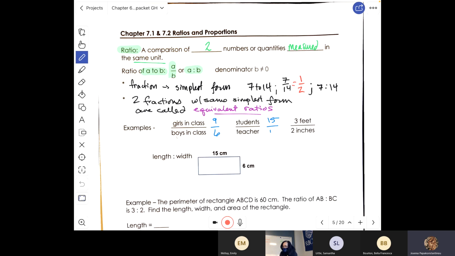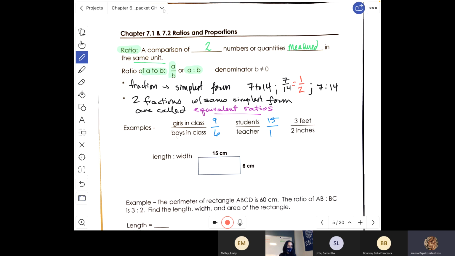So we can see how our units are people in the first one, and same with the second one. So that's the same units, it's people. And if I look at the third ratio, I see a ratio of feet to inches. Now remember, we want to have them in the same units. So we would have to convert either both to feet or both to inches.